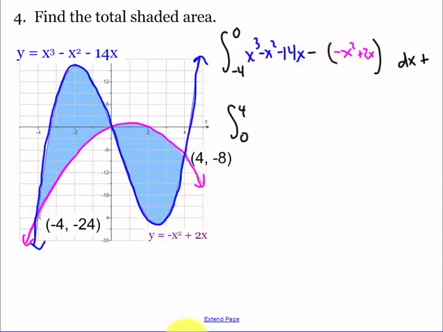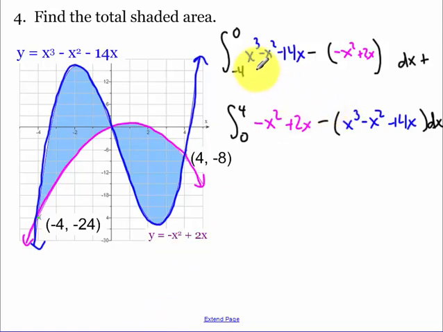Now, in the other case, from 0 to 4, the purple function is our big Y, so we have -x squared plus 2x minus something else, what happens to be the blue function in this case, which is x cubed minus x squared plus 14x.